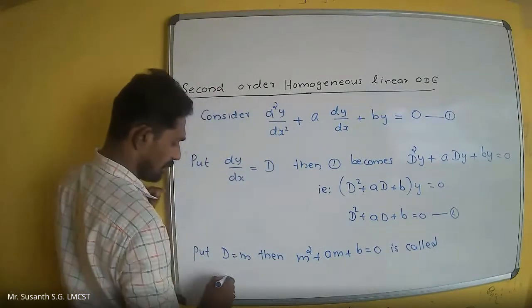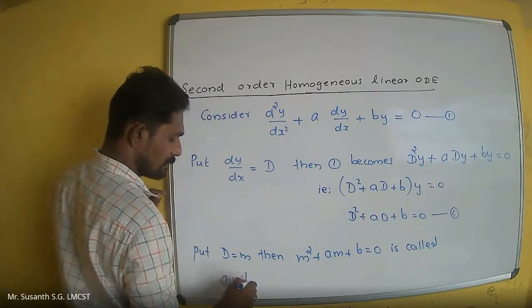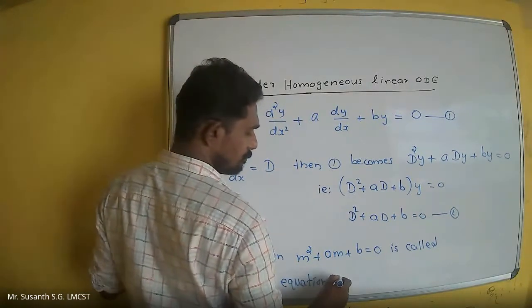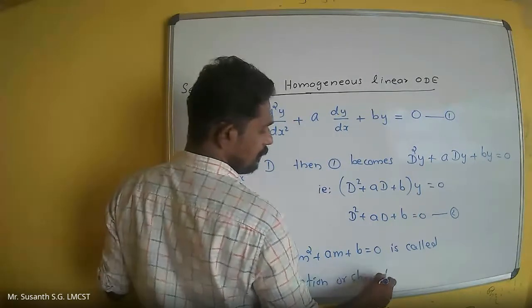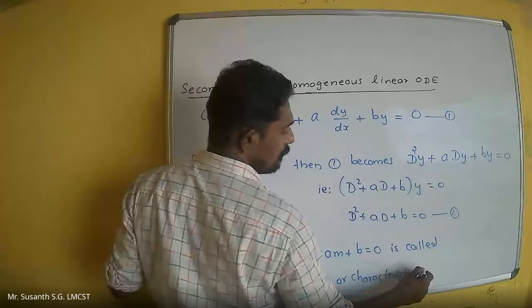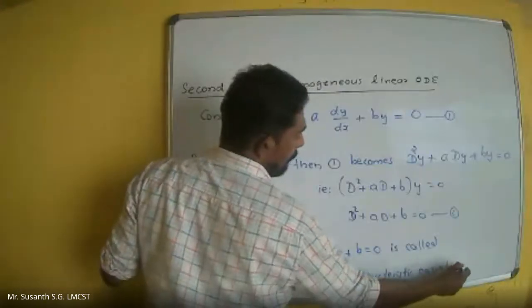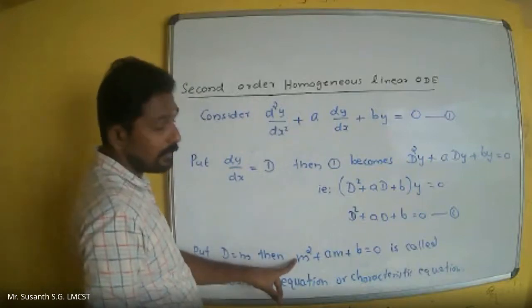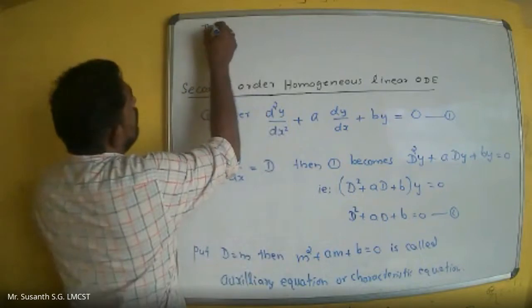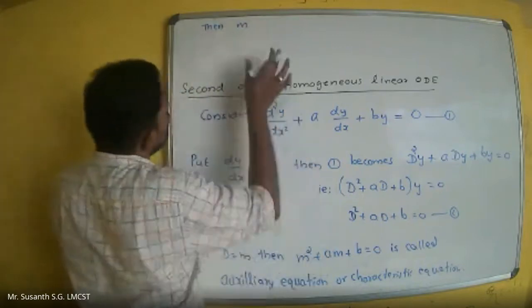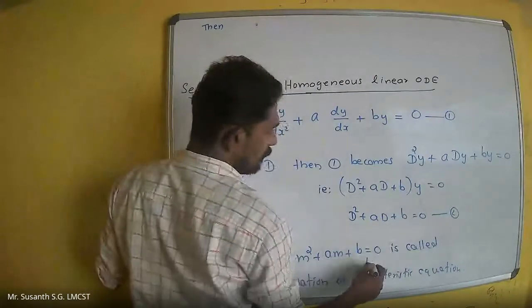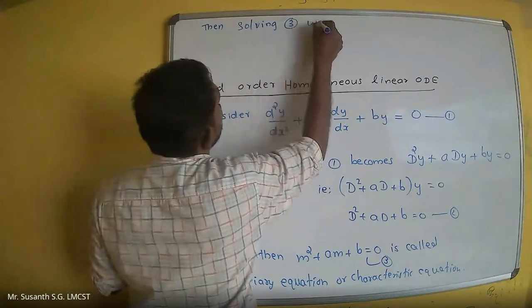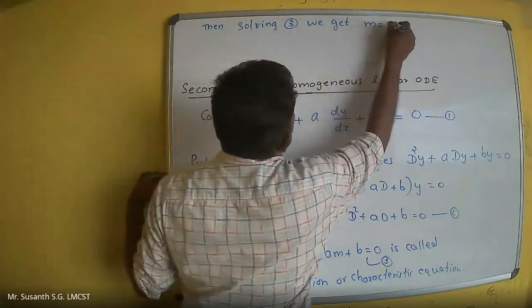It is a quadratic equation, so m has two values. Solving equation 3 we get m is equal to m1, m2.